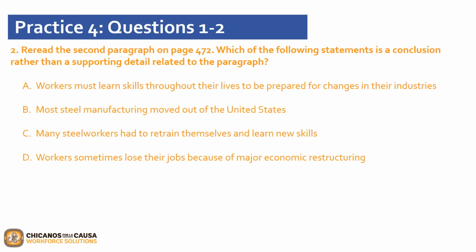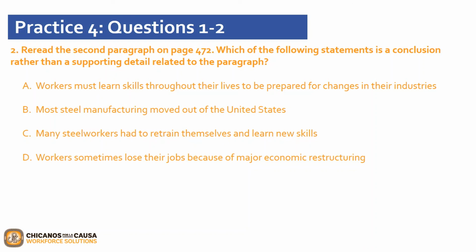A, workers must learn skills throughout their lives to be prepared for changes in their industries. B, most steel manufacturing moved out of the United States. C, many steel workers had to retrain themselves and learn new skills. D, workers sometimes lose their jobs because of major economic restructuring.